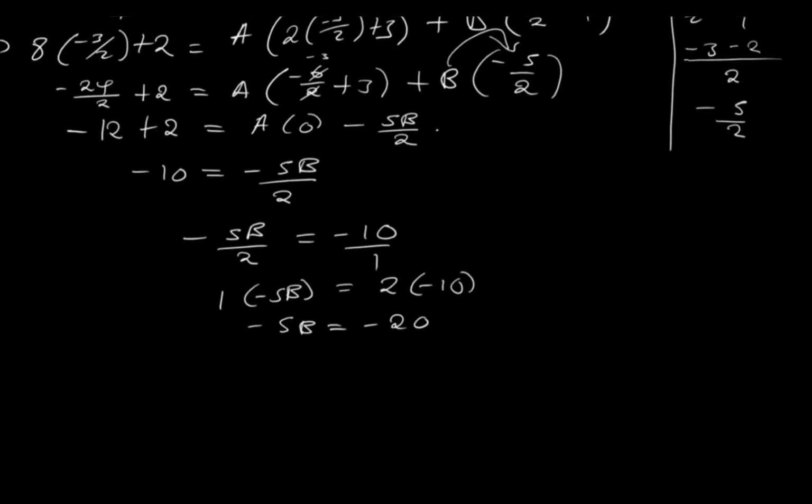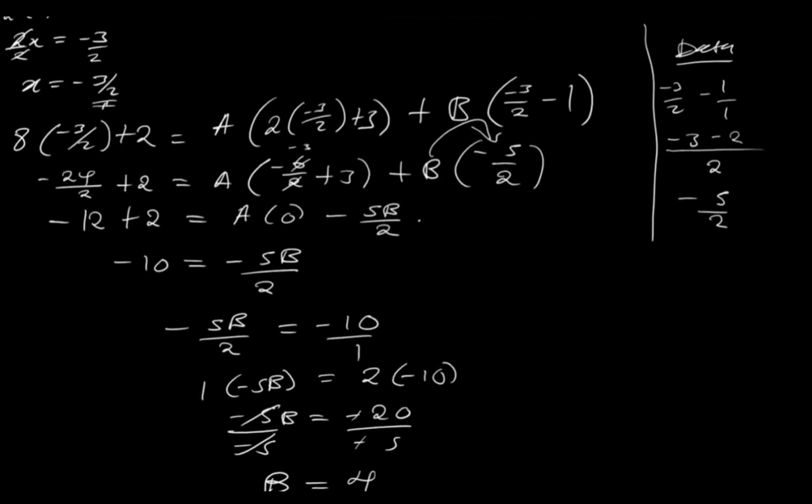Then I'm interested in b and not in 5b, so I divide both sides by negative 5, giving this side negative 5. And b will be equivalent to how many times 5 can go into 20. So negatives cancel out, so my answer will be 4, and that will be the value of b.